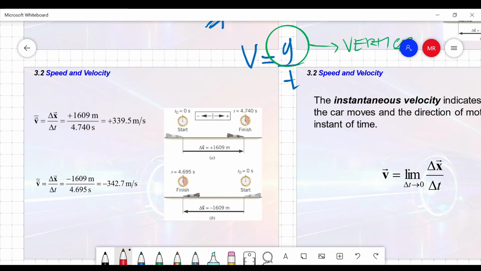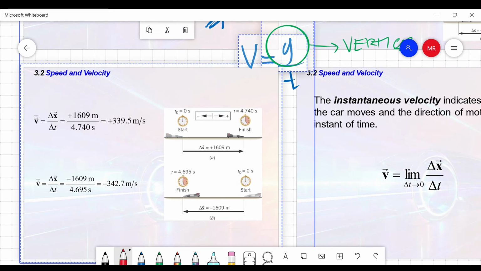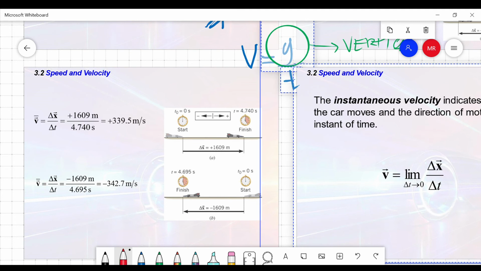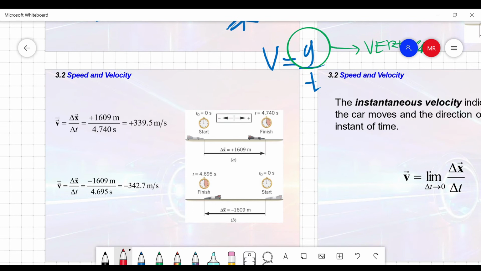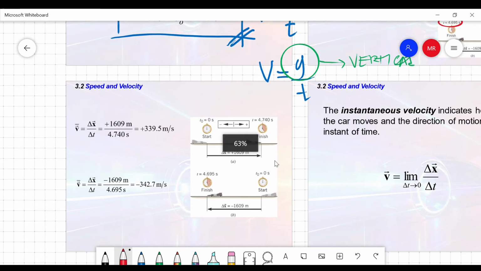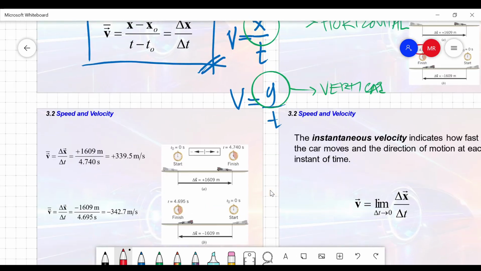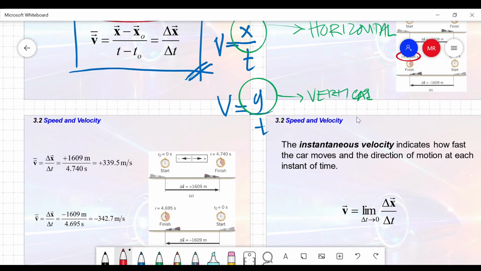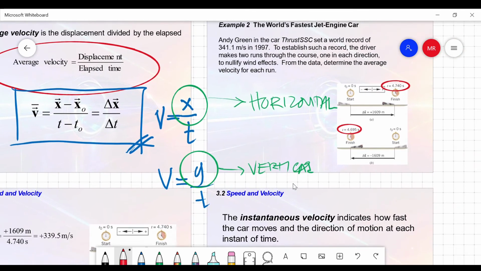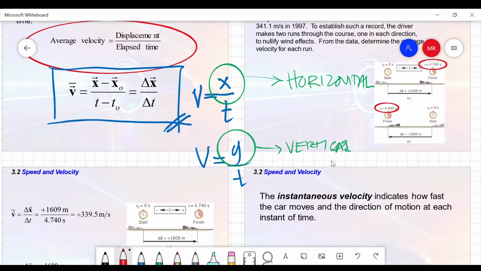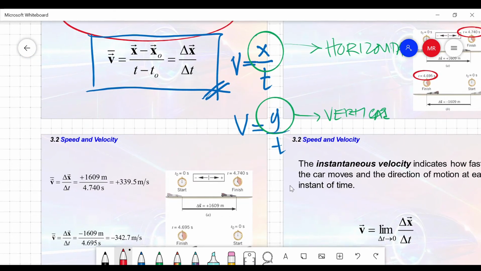Okay, so sabi dito, based doon sa data na binigay sa atin, if we are to find for the velocity of each run, tignan muna natin yung each run. The velocity for going to the right, the velocity of Thrust SSC, because we are asked to determine the average velocity for each run.